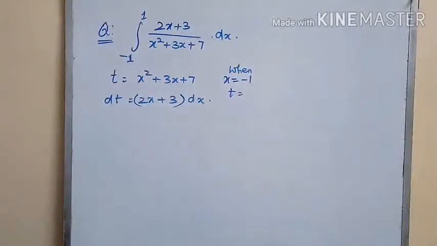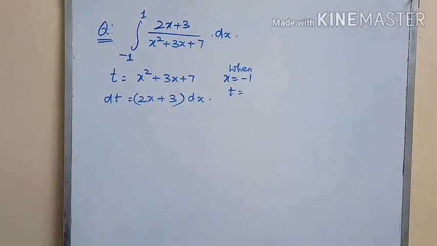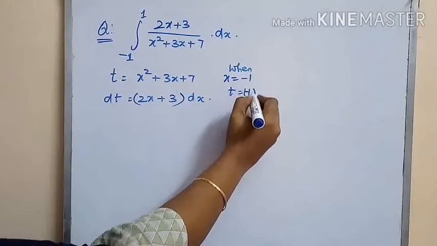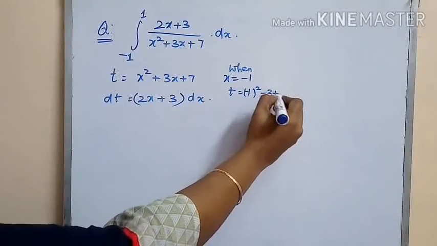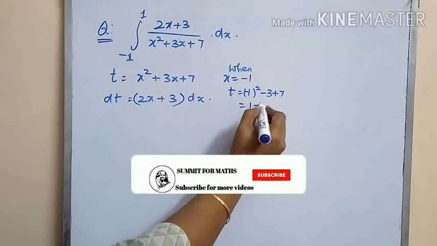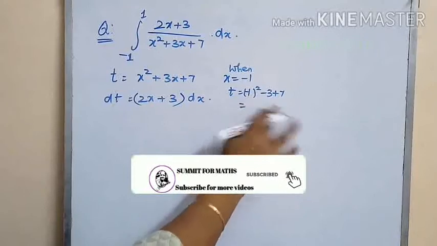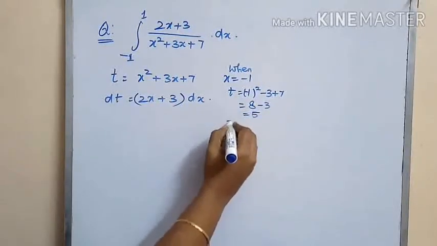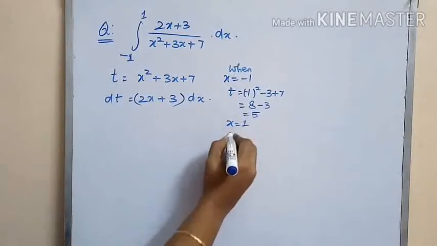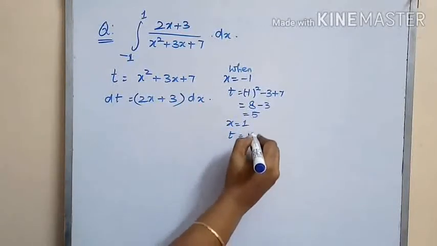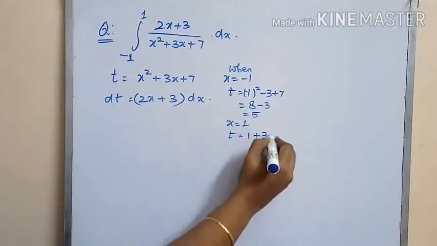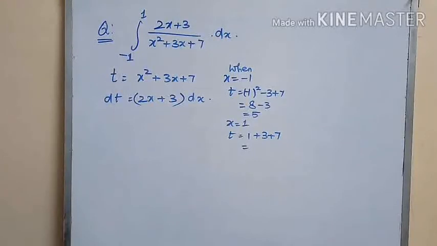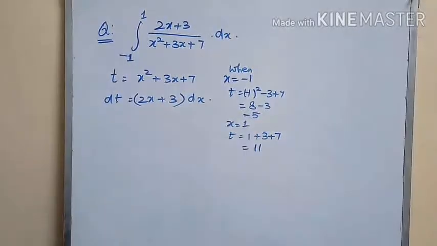When x is equal to minus 1, we get t is equal to 1 minus 3 plus 7, which will give 5. That is 8 minus 3, 5. So when x is equal to 1, we get t is equal to 1 squared plus 3 plus 7, which is equal to 11.